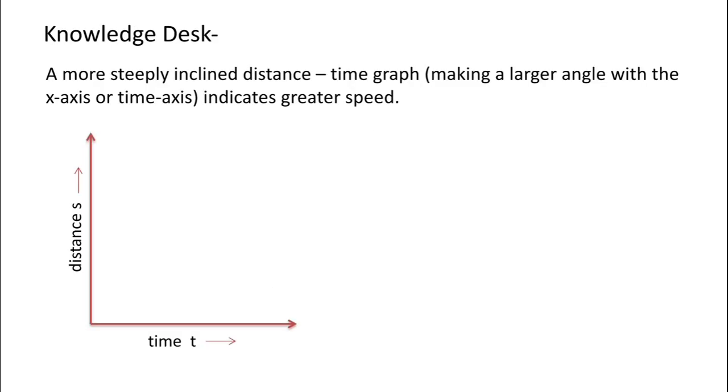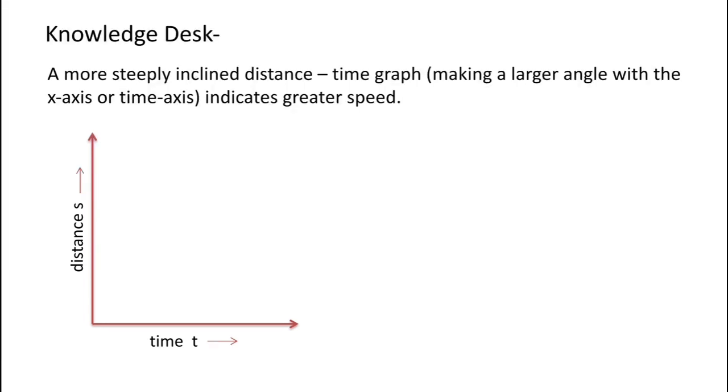Okay. Now students, there is an additional piece of information which might help you in solving some problems. Suppose there are two distance time graphs. One is for car A, which is making an angle of x degrees with the time axis, and another is of car B, which is making an angle of y degrees with the time axis.